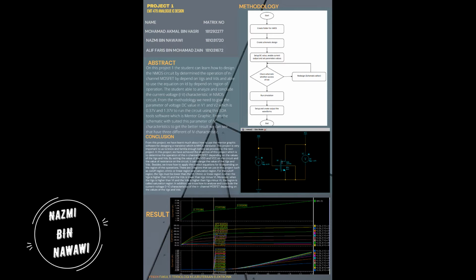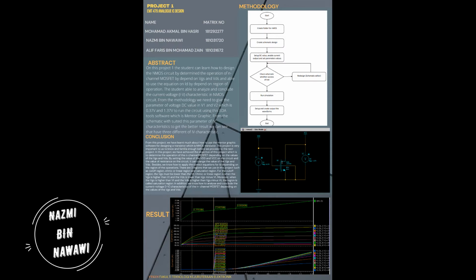Okay, for the conclusion, we have learned much about how to use the Mentor Graphics software for designing a transistor, which is an NMOS transistor. This project is very important for us to know and become familiar with before we proceed to the next project.